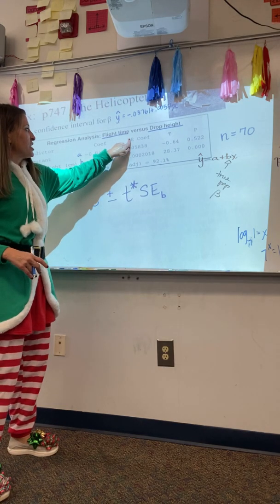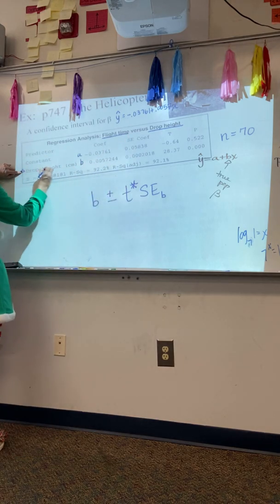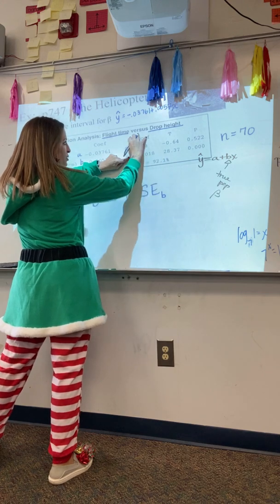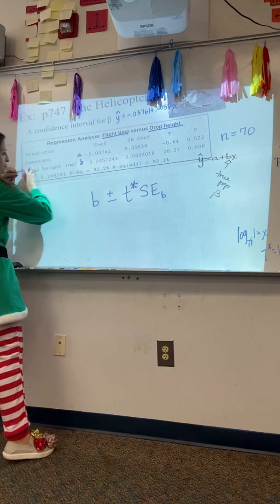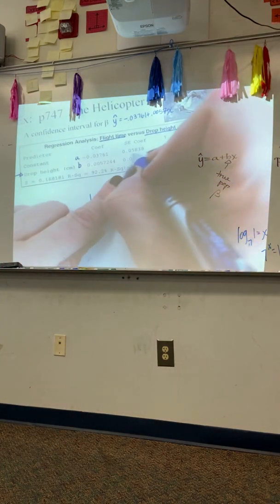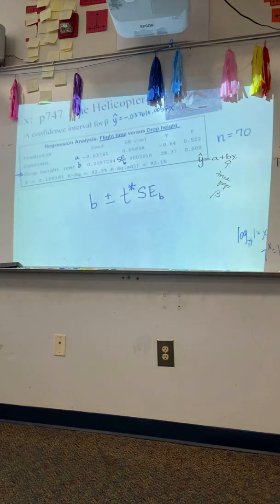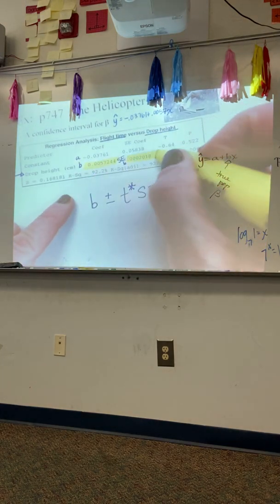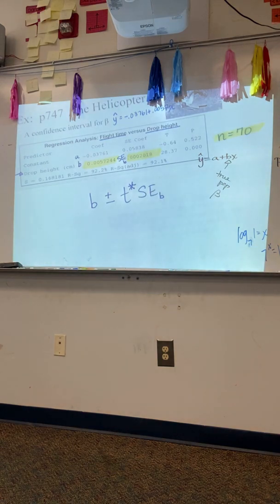And right here it says standard error of the coefficient. Well, this is coefficient B right here, right? So this is the standard error of B right there. So it's in the standard error column, and this is my row for my slope. So this right here, let's go ahead and label it, is the standard error of beta, right there. So we're going to use this, and we're going to come over here and use that.